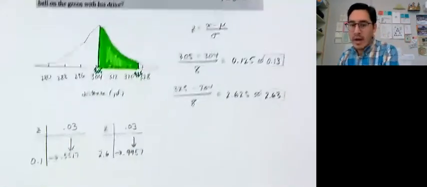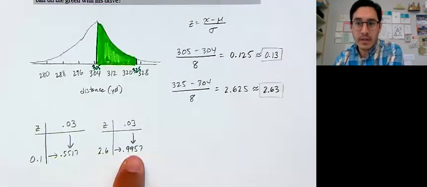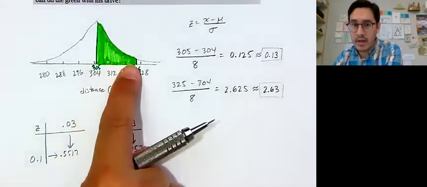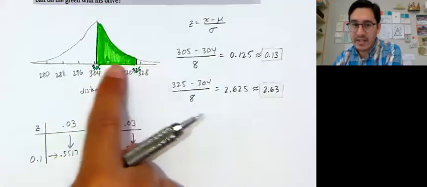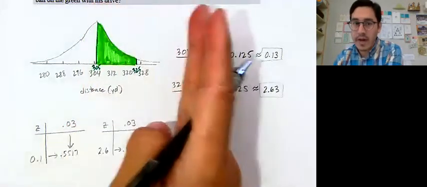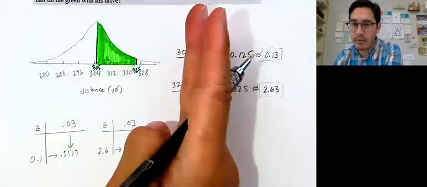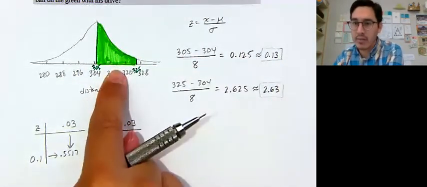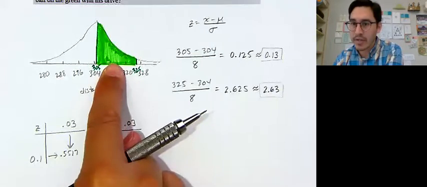Now, neither one of these is the correct percentage. You can tell from the shading that this is definitely less than 50%. What's shaded here in green is not even the full right half of the normal curve. So I can tell before doing any calculations that the answer is going to be a little bit less than 50%.